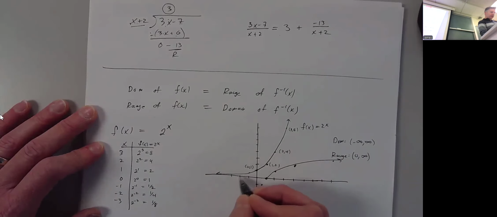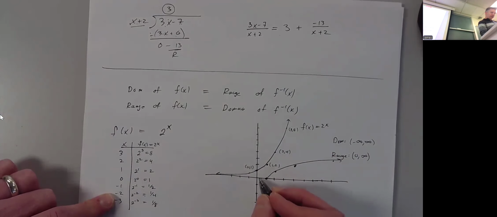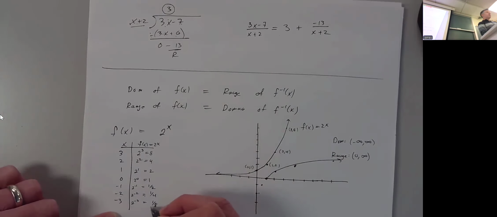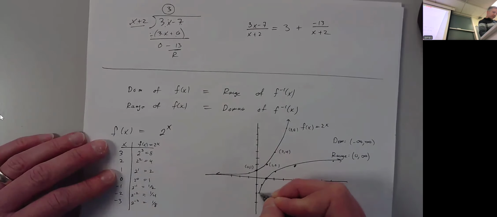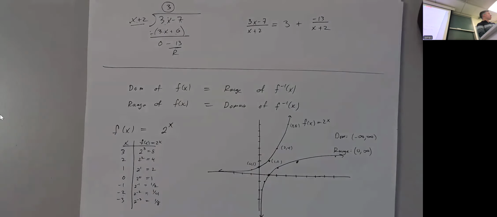And instead of -2, 1/4, I'm going to plot 1/4, -2. And the smaller the input gets, the more negative the output's going to get. And you might recognize that as looking like a logarithmic function.